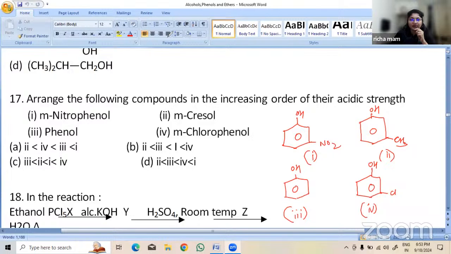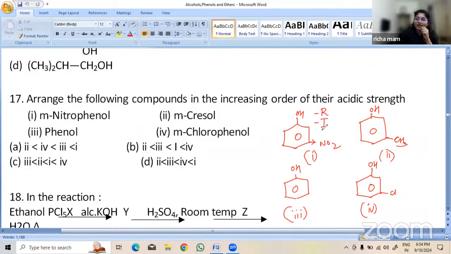Sri Varuni, Lubna, Kanaya has answered it as D. Amulya has answered it as D. Sushant Gowda has also answered it as D. So when you see the nitro group, it is an electron withdrawing group. It will withdraw the electron towards itself. So it is showing both the minus R effect and the minus I effect.